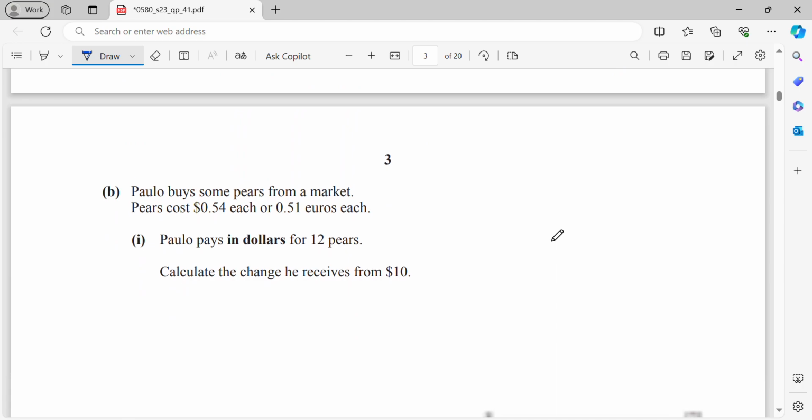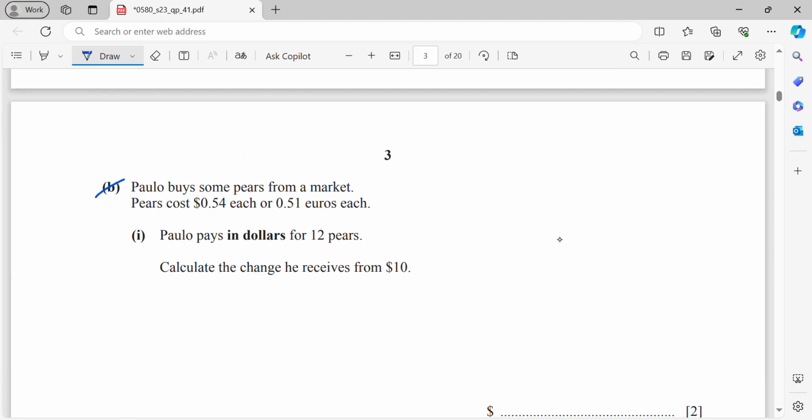Okay, now for B, Paulo buys some pears from the market. Pears cost 54 cents each, or 0.51 euros each. Paulo pays in dollars for 12 of them. Calculate the change he received from $10.